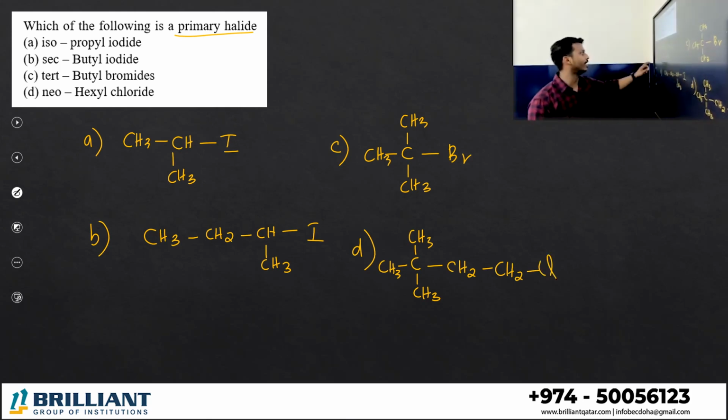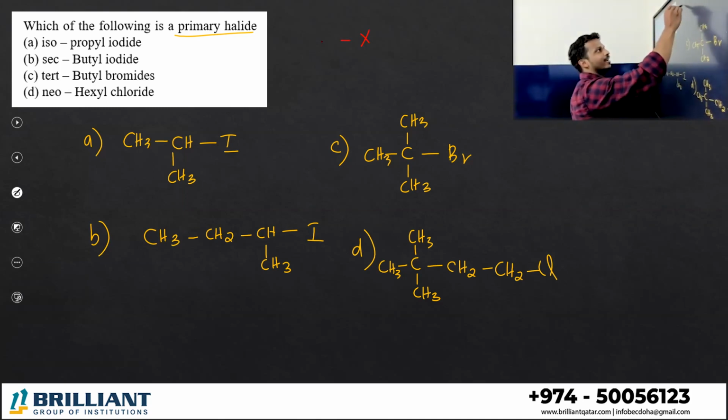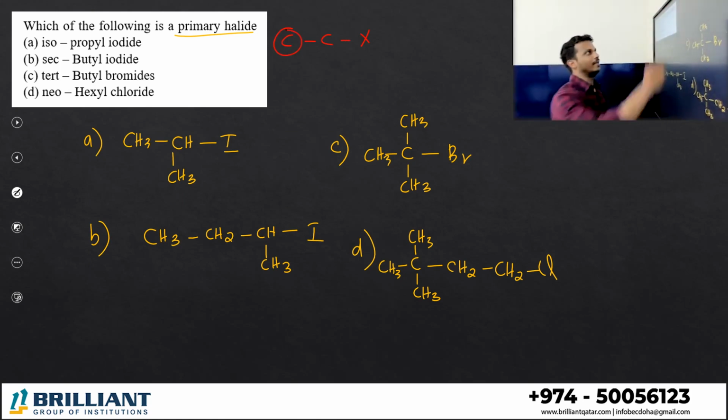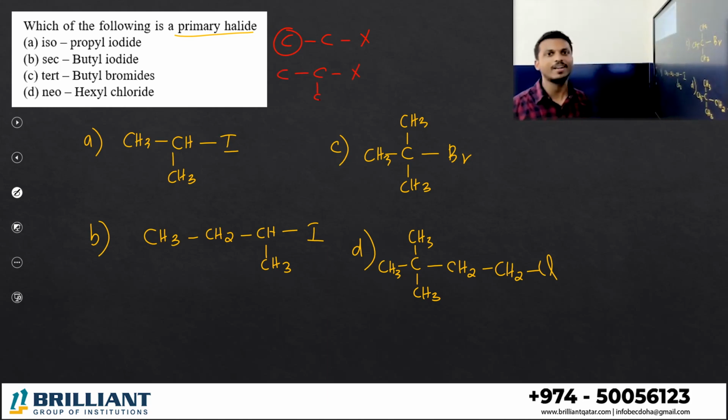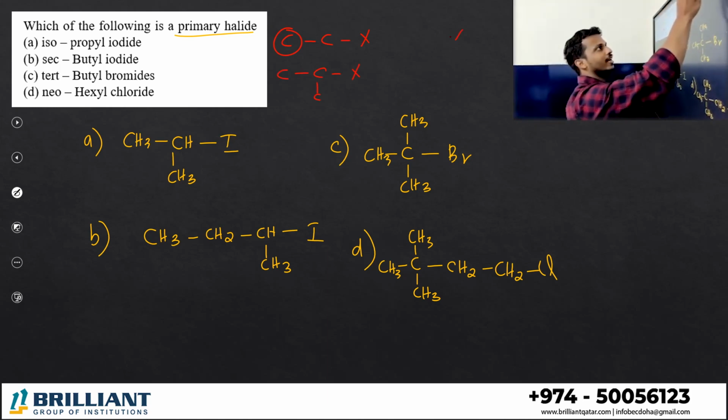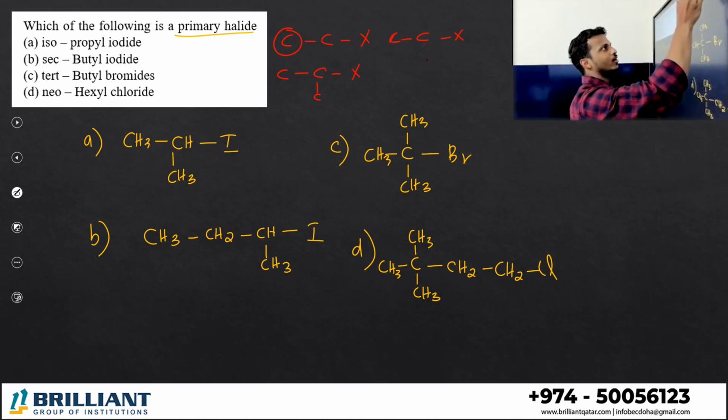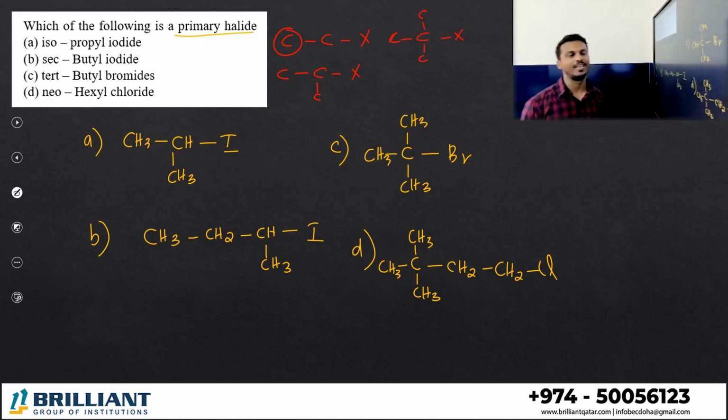Which is a primary haloalkane? How to identify primary, secondary, tertiary? Halogen-connected carbon, if it is directly connected to only one carbon, primary. If directly connected to 2 carbons, secondary. If directly connected to 3 carbon atoms, tertiary.